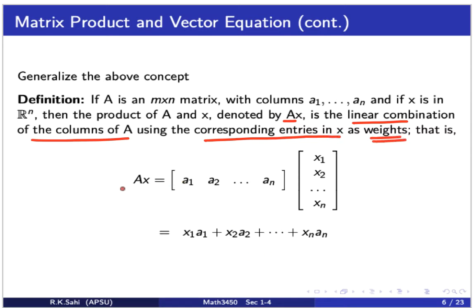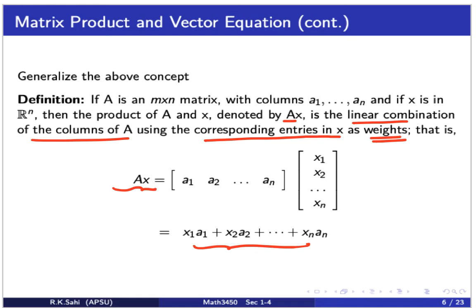So, clearly notice this matrix product is nothing but the linear combination of the columns of A with the weights, or the scalars, being the corresponding entries in the vector X.